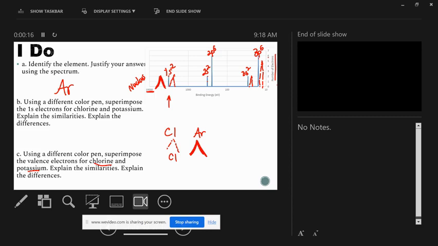All right. Now, let's talk about potassium's valence electrons. How many valence electrons does potassium have? 1. Where is that electron? Oh, this should have been potassium, shouldn't it? Shoot. I can't change that.